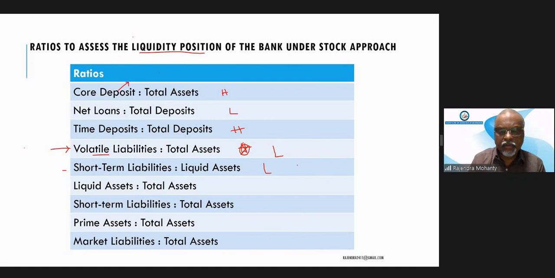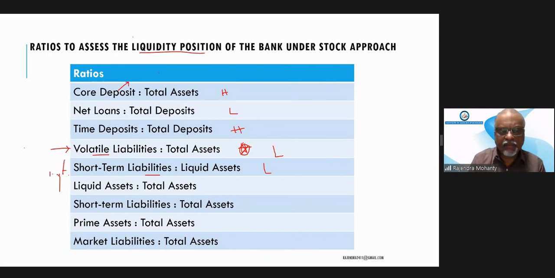So high is better because the organization is capable of maintaining the liquidity problem. Short-term means normally how much? Short-term, as I told you, all the deposits are less than 1 year. Okay, short-term.